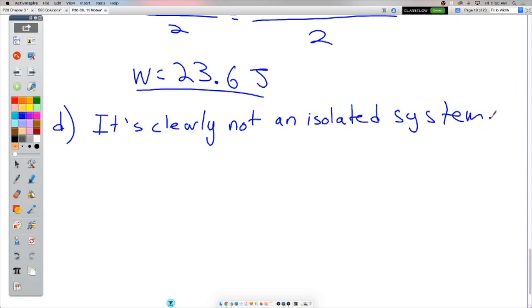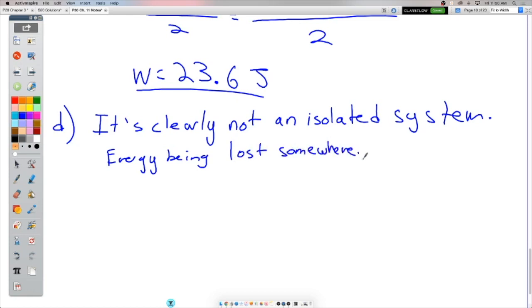So energy is clearly being lost somewhere. Often the answer is heat.